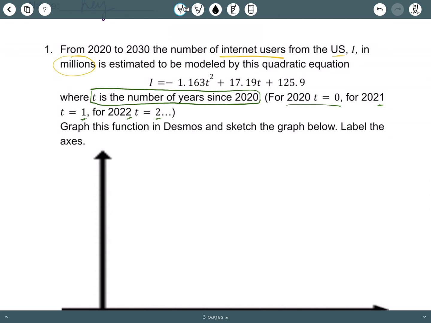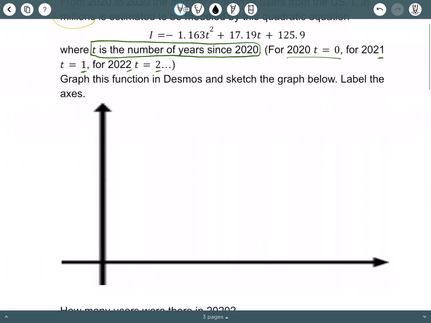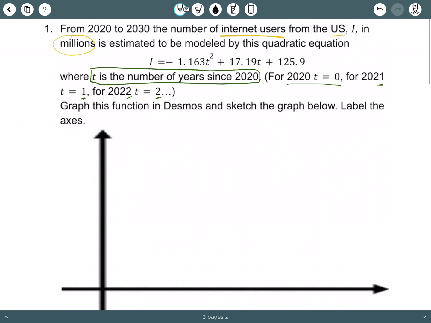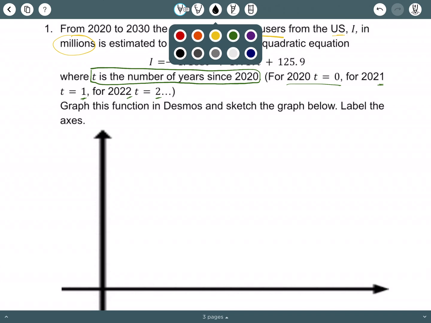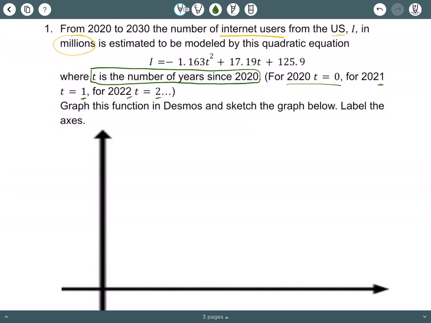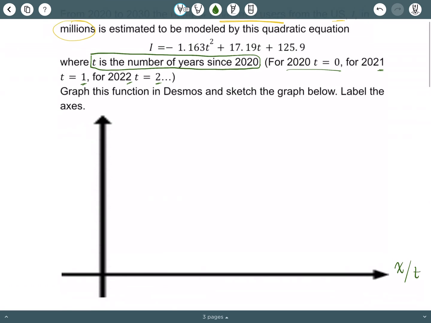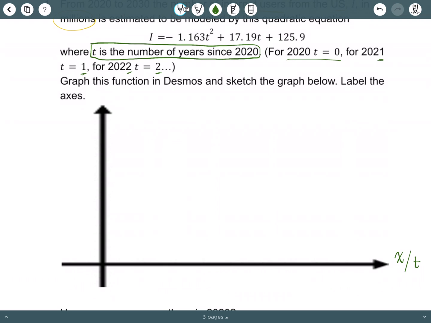So our goal is to graph this function in Desmos and sketch the graph below, but first we need to be able to label the axes. The first axis that we're looking at is the x-axis, which is actually going to be both x or t, whichever you'd rather. And we said just a minute ago that t is the number of years since 2020, so I'm just going to write that down here.